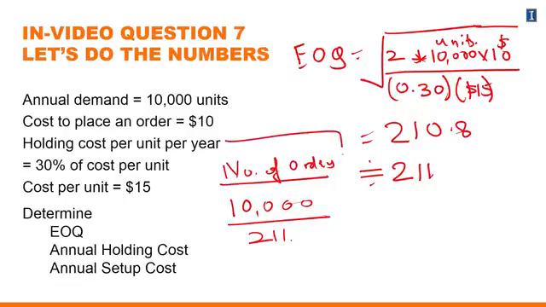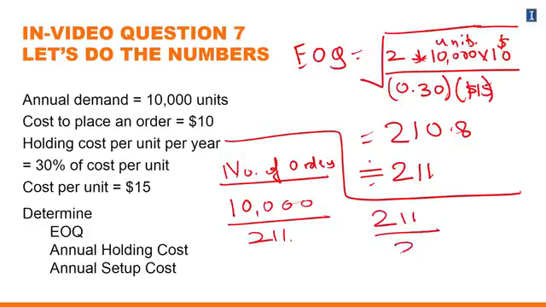And on the basis of this number of orders and multiplying it with the cost to place an order of $10, you can work out the annual cost of ordering for this quantity.